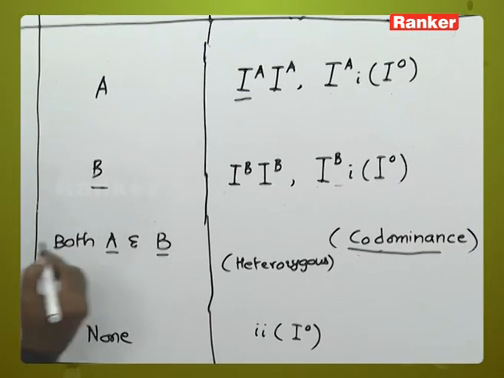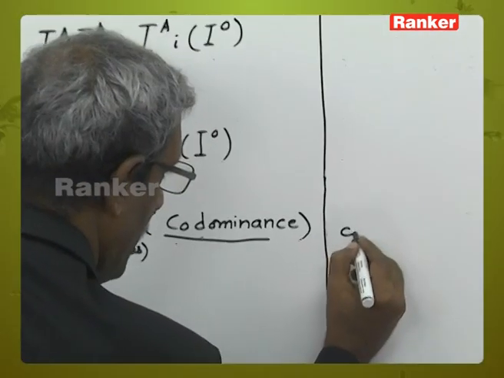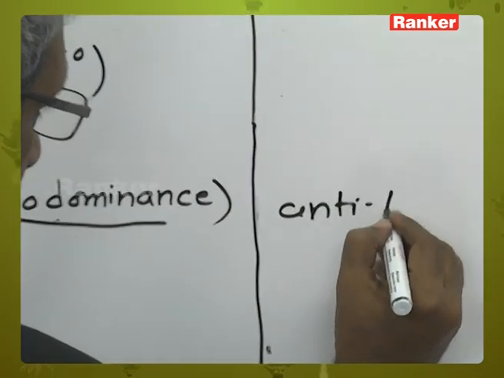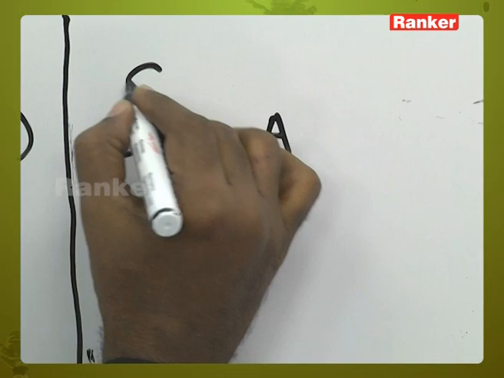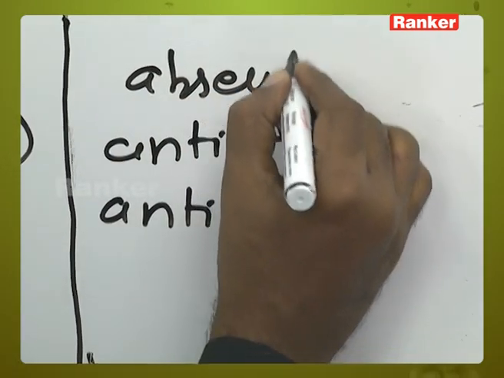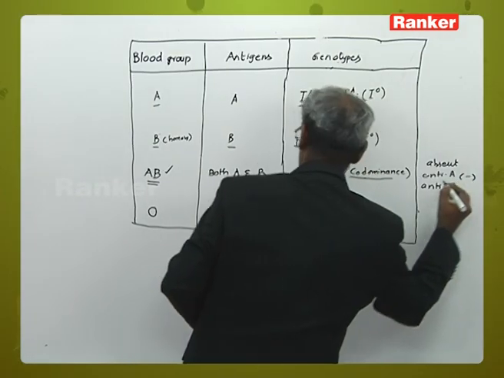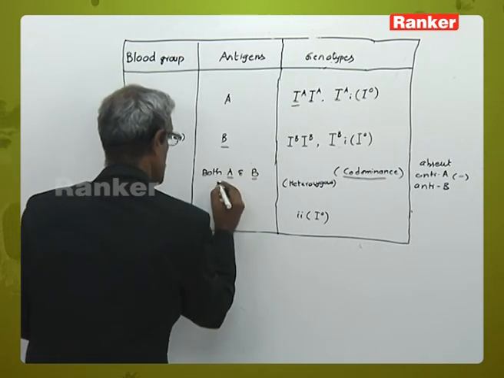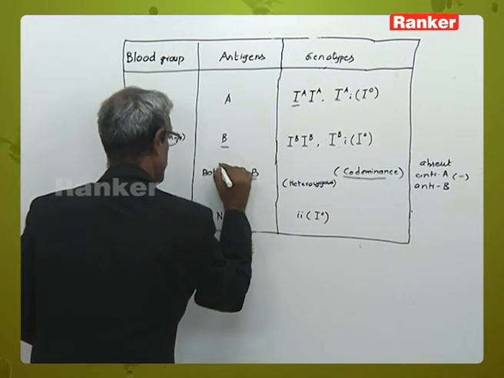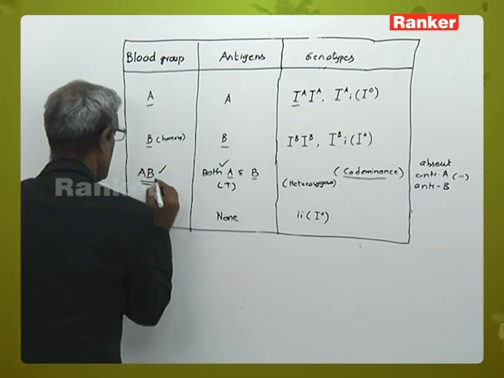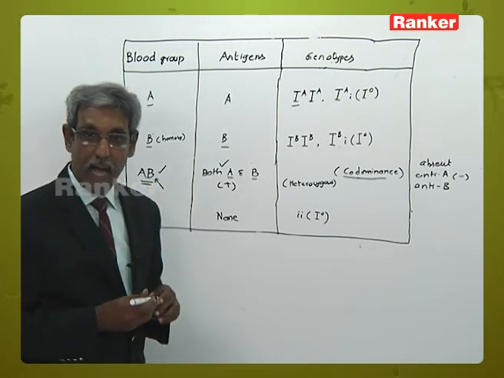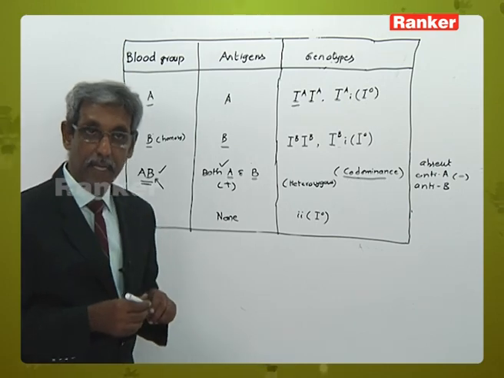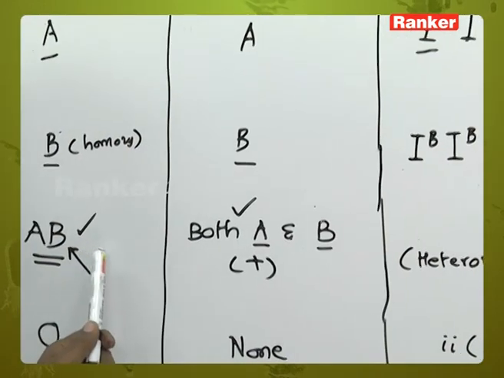That is, you do not have antibody A and also antibody B; both are absent here, whereas both the antigens are present. Thereby, this is seen especially in the case of blood group AB. Hence, the answer to question number 18 is AB, that is, the choice is C.